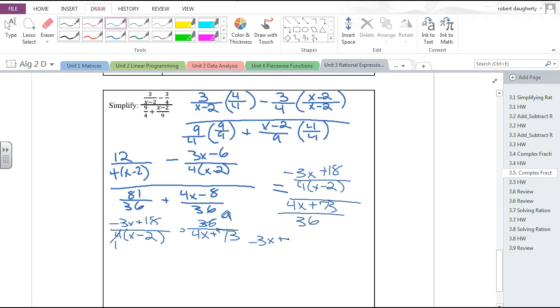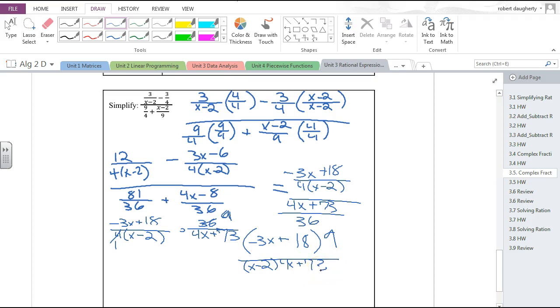What is it? Negative 3x plus 18, multiplied by 9 over what? Right.